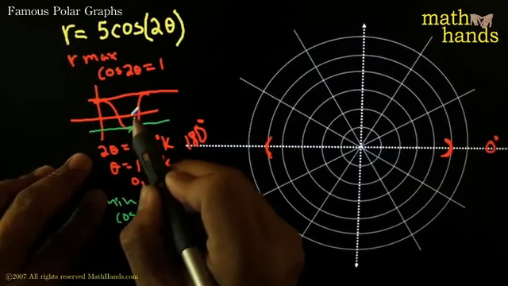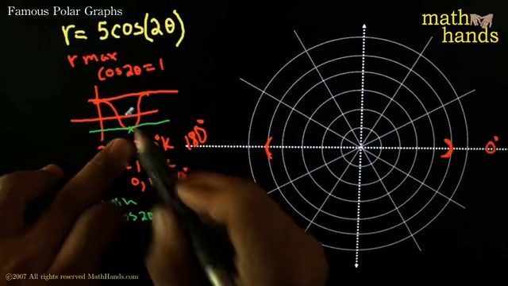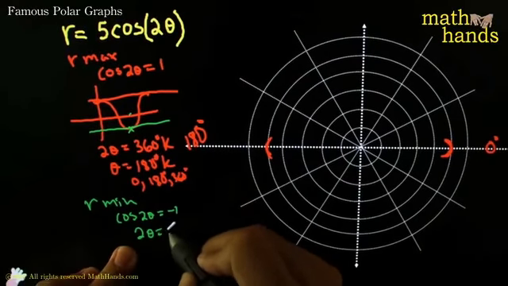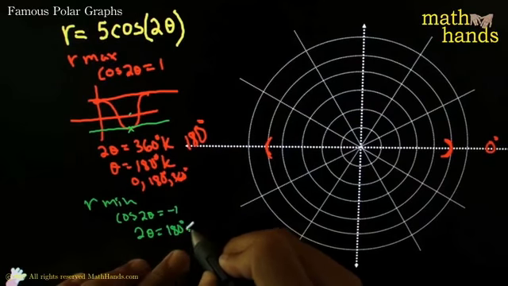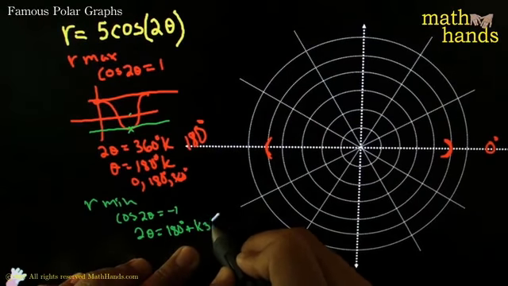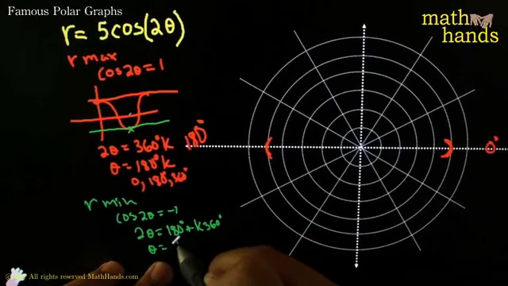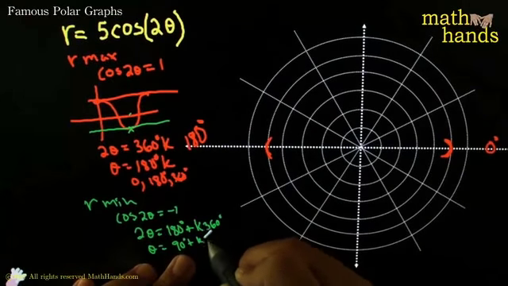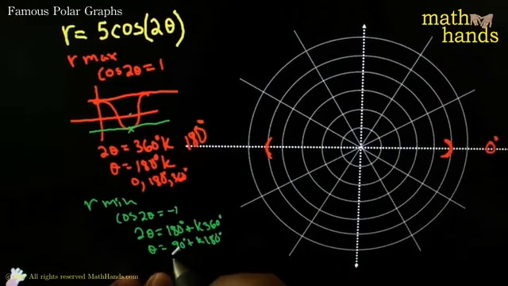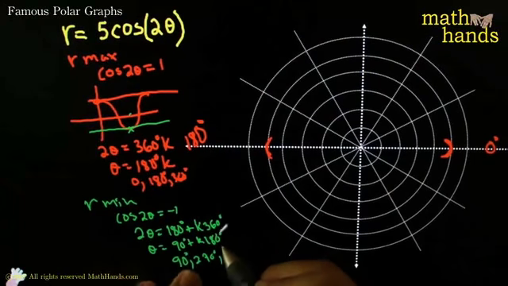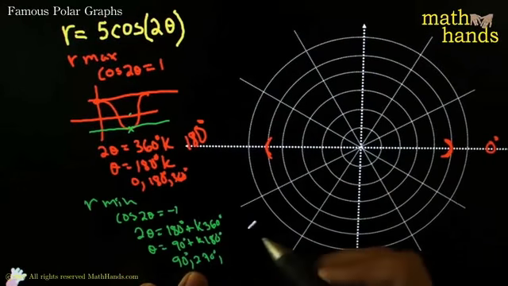Well, that would happen at 180, when 2 theta is equal to 180 degrees plus any integer multiple of 360 degrees. That will tell you that theta is equal to 90 degrees plus any multiple of 180 degrees. So this gives you, for example, 90 degrees, 270 degrees, etc.